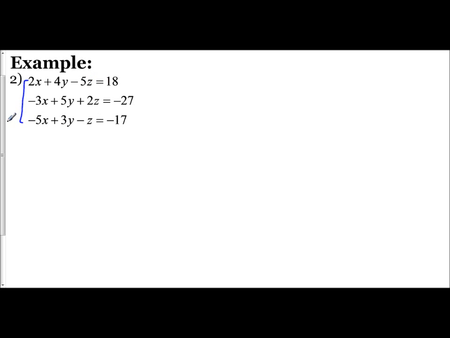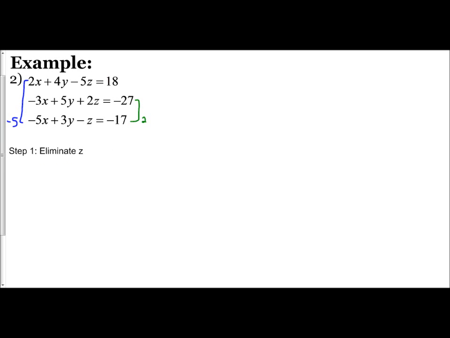If I multiply that bottom equation by negative 5, that gives me a positive 5z, which would eliminate z. If I pair up the second and third equation together, I have a 2z. If I multiply the bottom one by 2, that would give me my negative 2z. And so I'm going to choose to eliminate the z.